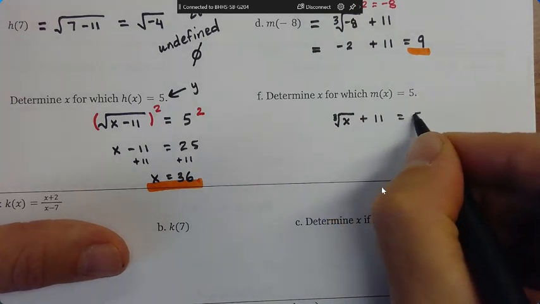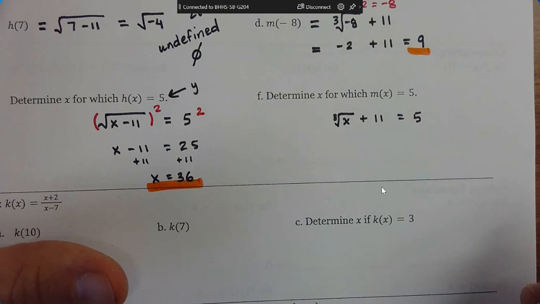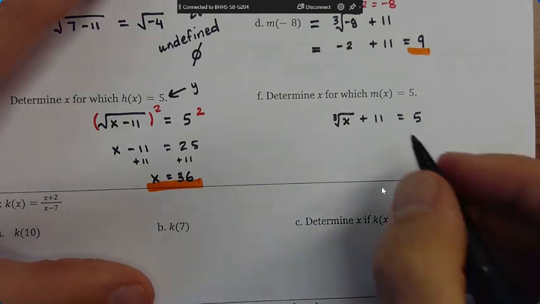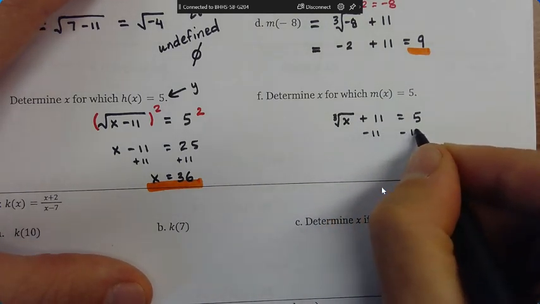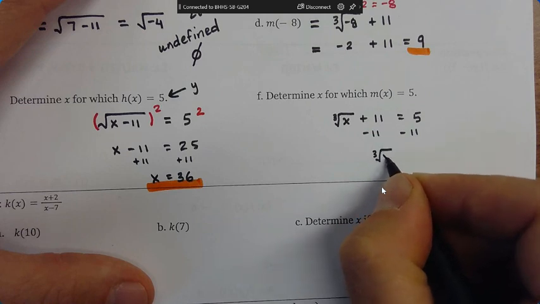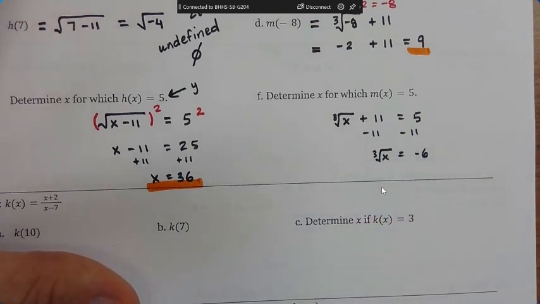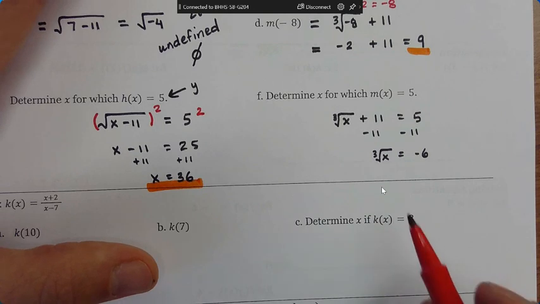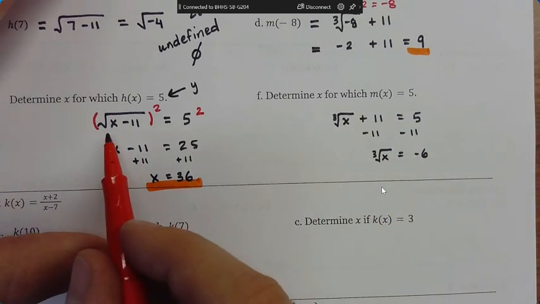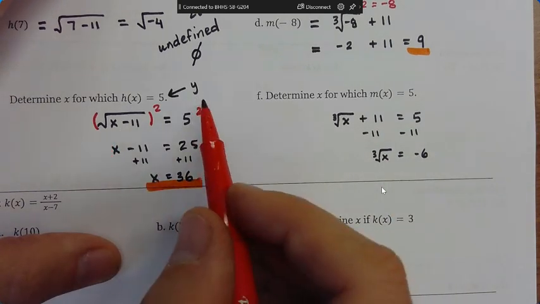Cool. And then Lilia, if you wouldn't mind, keep going. What would we do next? Subtract 11 from both sides. So the cube root of x is negative 6. And then Lilia, would you be willing to take a shot at the last step? No clue. Okay. Square root, the inverse was squaring.